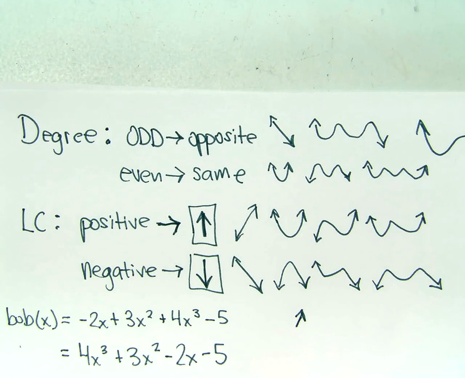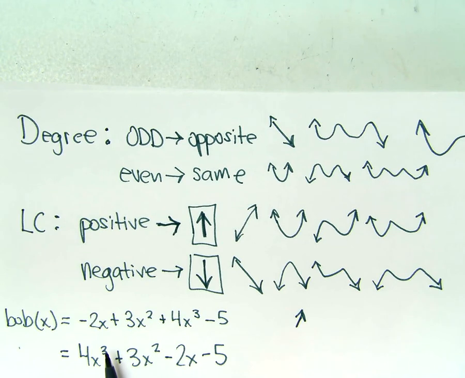Now, is the degree even or odd? What is the degree? It's odd, so that means the ends will be opposite.